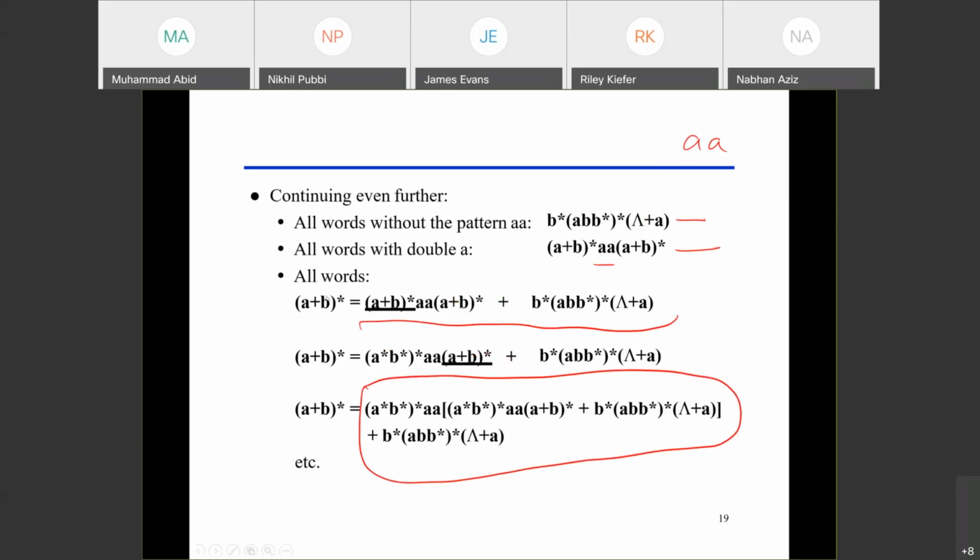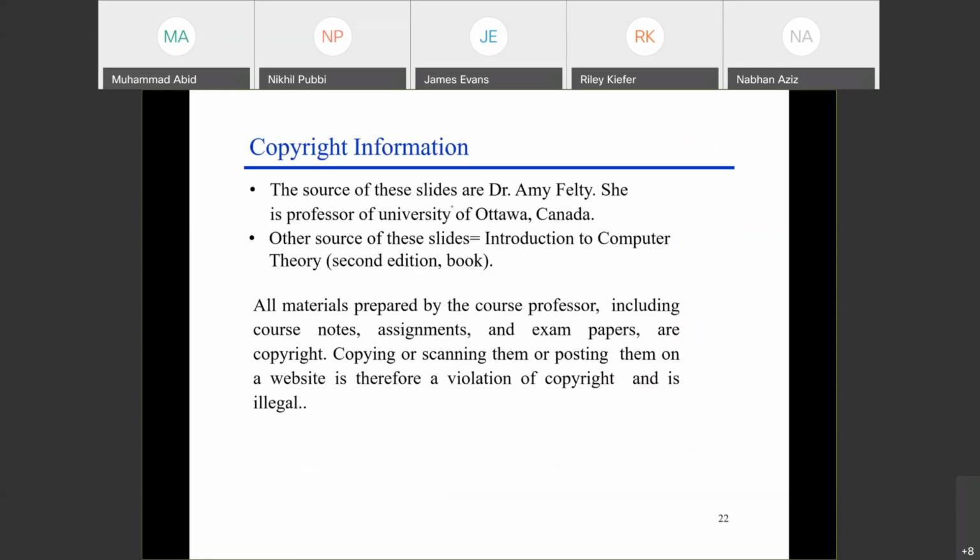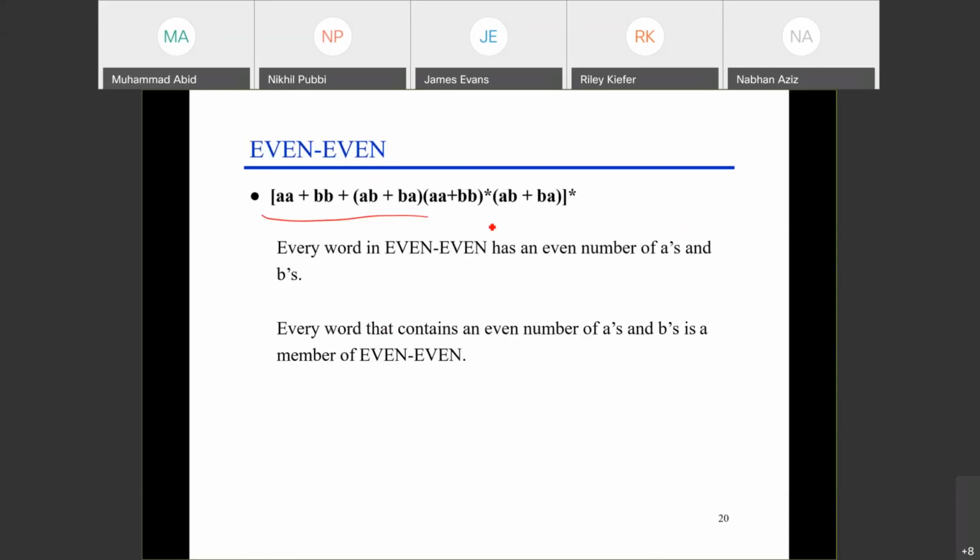Make sense? Here you can write regular expressions by combining all these things, and this way is very important. This is part of your first assignment, and this is a very famous regular expression for even language. Just look at how long this is. If you have a language and it is even, this is a regular expression of that.